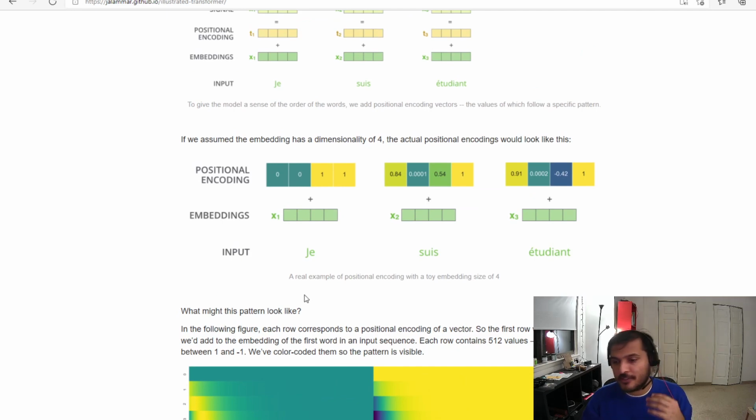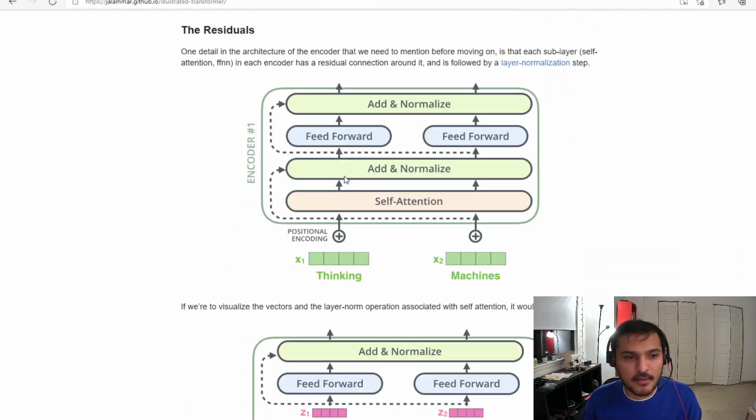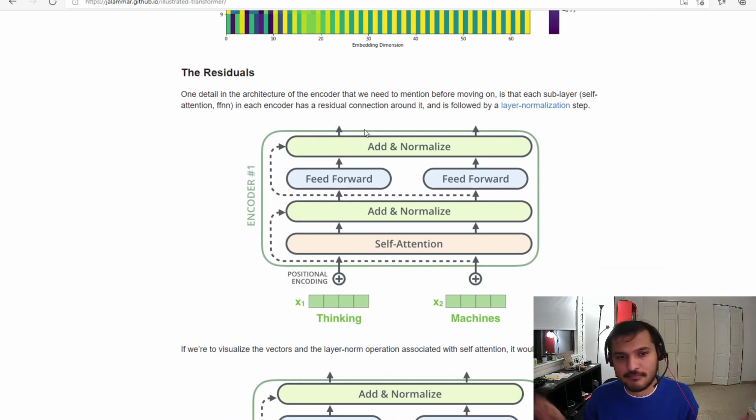Okay. So there's an important concept of positional embedding that I think I will discuss at the end, because I don't want to break this chain of thought of what we were doing.